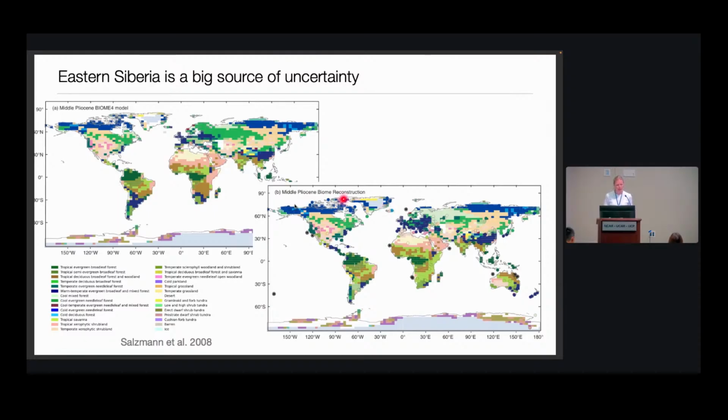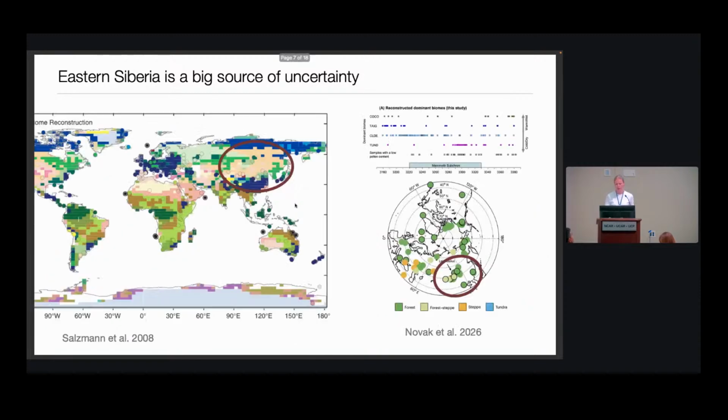But as you can see in Eastern Siberia over here, there are not a lot of proxy data points. All of the little dots are where we have proxy data, but we don't really know what was there, or at least when this compilation was made. And Biome 4 predicted that there was grassland over there, so that was kept.